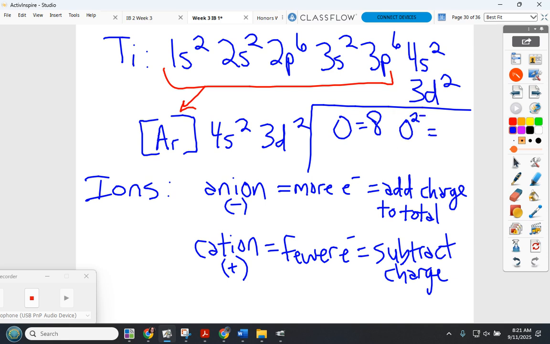We would add 2 electrons to the 8, so that would be 10 electrons, right? Sodium is 11, right? What's the charge on a sodium ion? Yeah. How many electrons are we going to have for a sodium ion? 10. Yep.